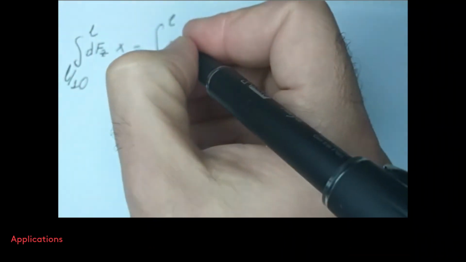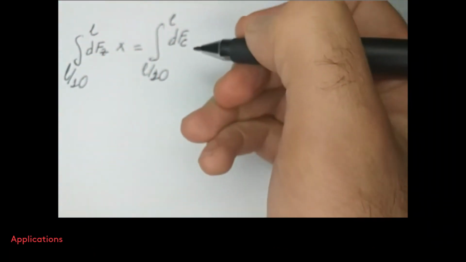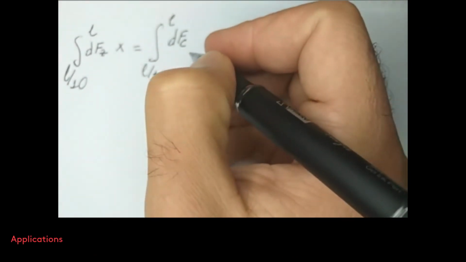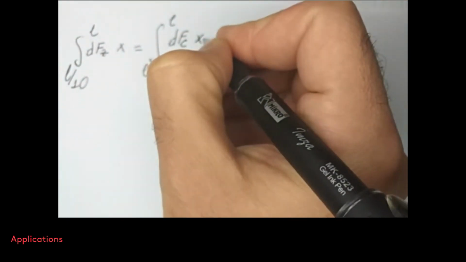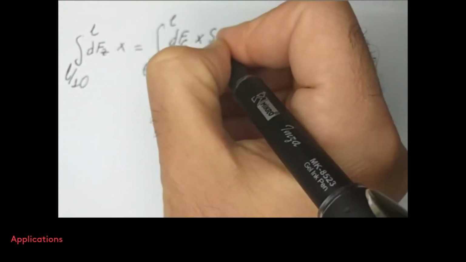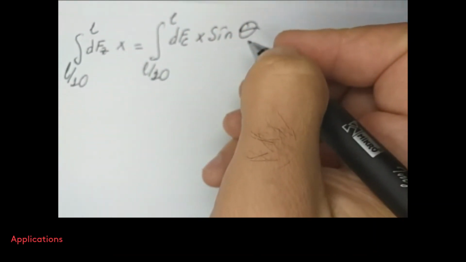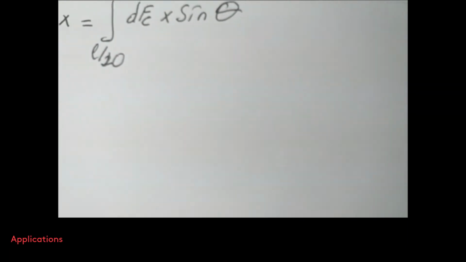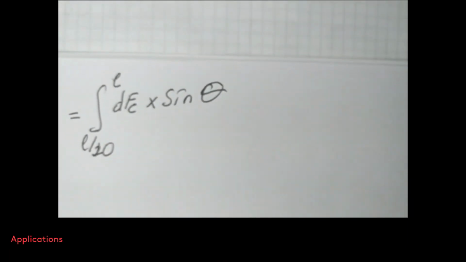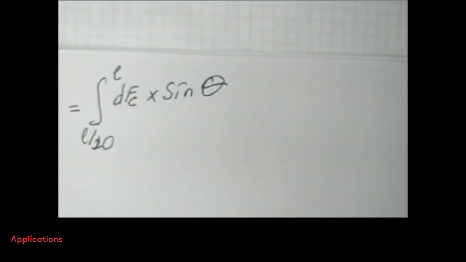Let's say that a small change in the centrifugal force is dFc, and the distance is x multiplied by sine theta. So we have this formula.